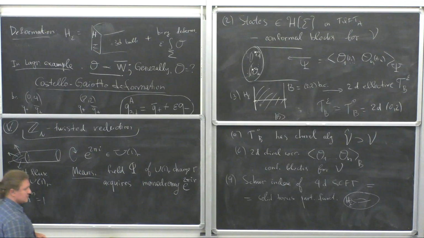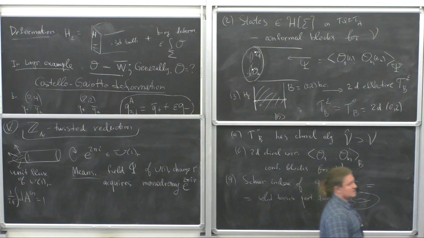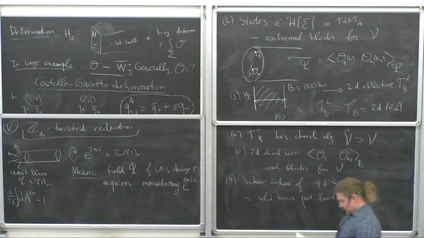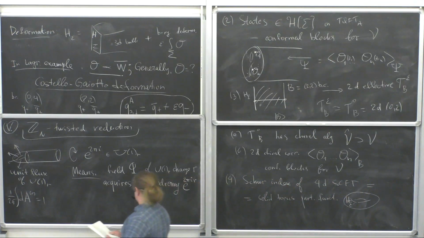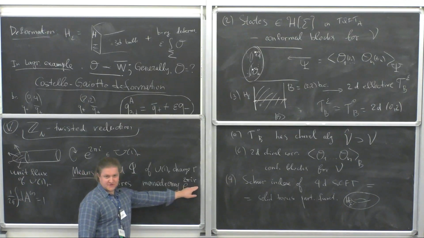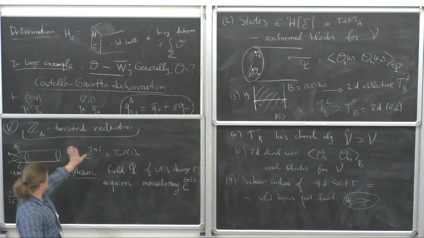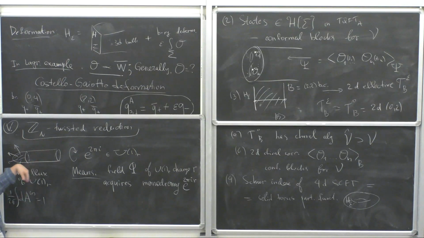Well, it depends on how you normalize. I use a normalization where supercharges have r charge 1/2 for little r, so then it's unit. Now, if r is not integer, in particular if it's a fractional number, then this field is not periodic along the circle. It acquires some phase as you go around the circle.